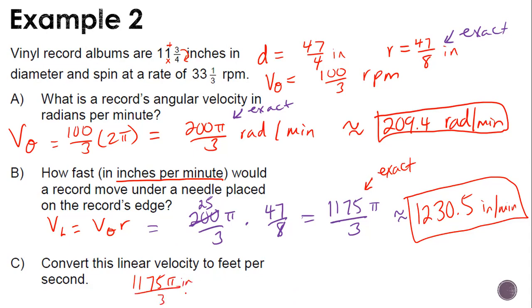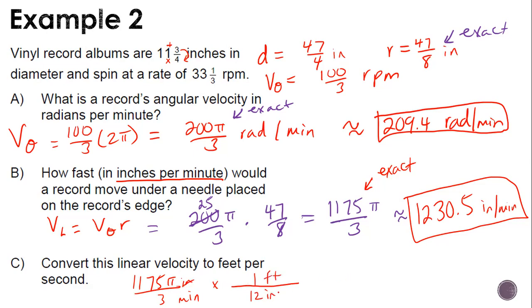And this is representing, the numerators are inches, the denominator is our minutes. And now we're going to go from inches to feet. How many inches are in a foot? Just 12. 12 inches in 1 foot, right?